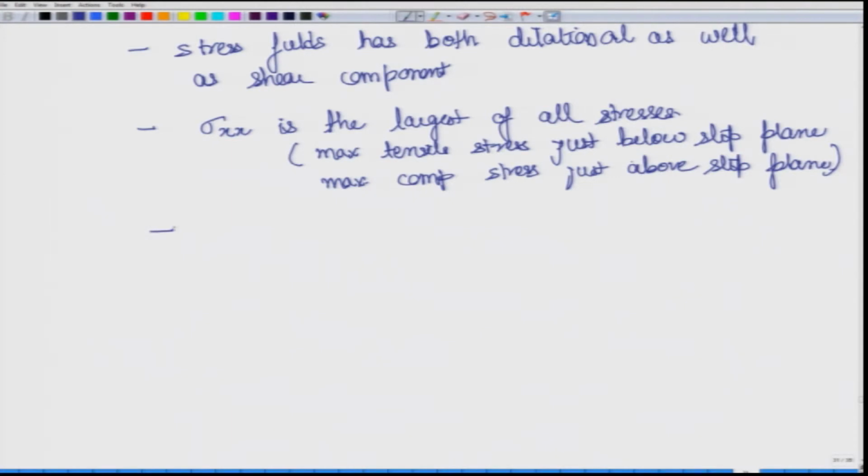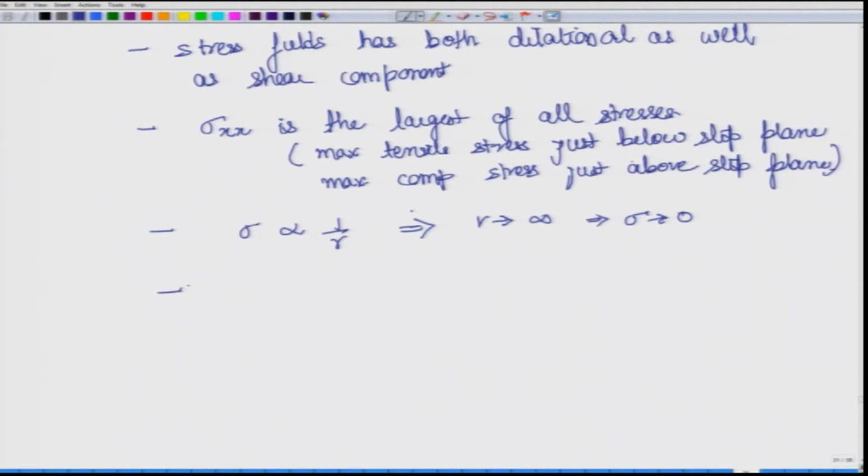Now, another factor, similar to what we described about the stress and strain field of a screw dislocation, is that stresses are proportional to 1 over r. What does that mean? Again it means that as r tends to infinity, sigma tends to 0. This is something that we expected.